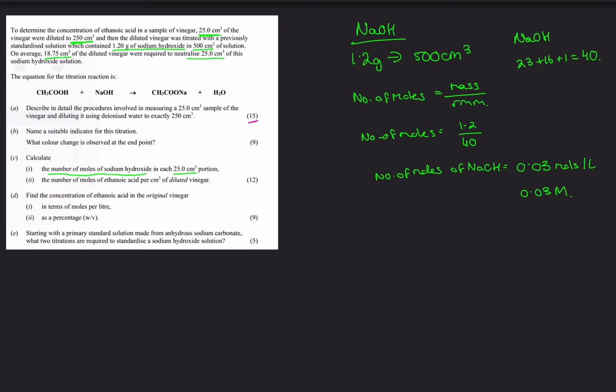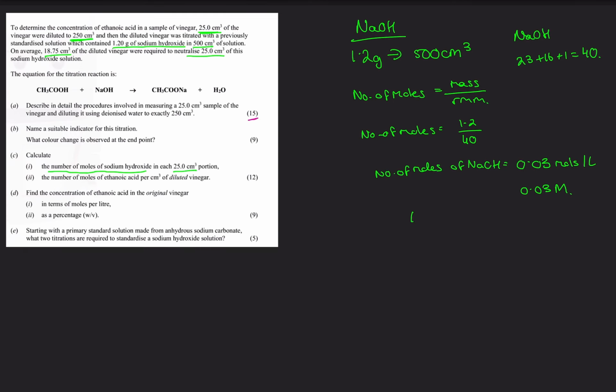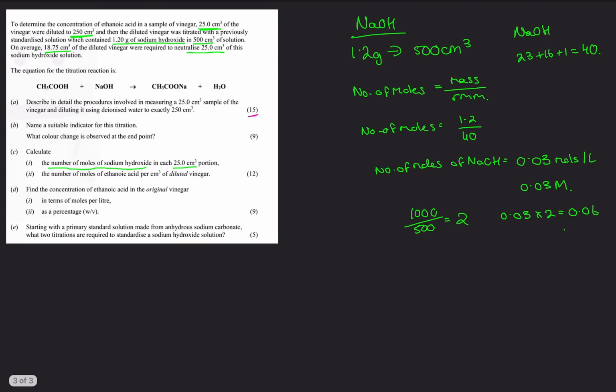Now it's not in a litre, so take a look through, see what it was actually diluted to. 500 centimetres cubed. So that's less than a litre, so it's going to be twice as strong because there is 2 500ths in a litre. So you take the 0.03, multiply it by 2, and you'll get the concentration of the sodium hydroxide to be 0.06 moles per litre.